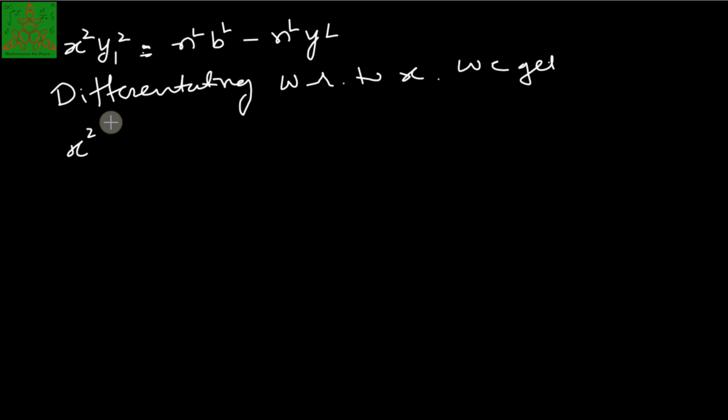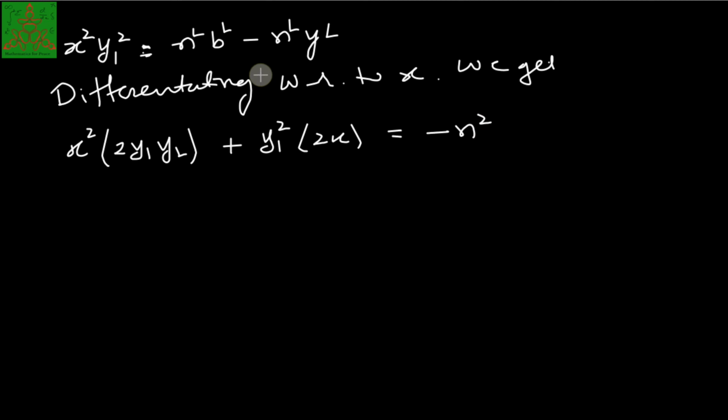X square as it is, derivative of y1 square is 2y1 and the derivative of y1 is y2, plus y1 square as it is, derivative of x square is 2x, equal to n square b square is a constant quantity, so the derivative of that is 0, minus n square is a constant, so it stays as it is. The derivative of y square is 2y and the derivative of y is y1.